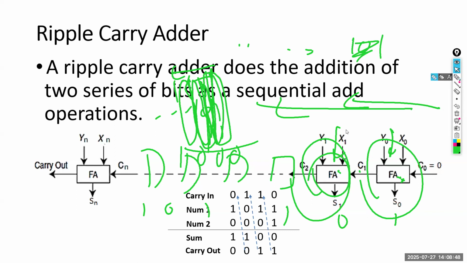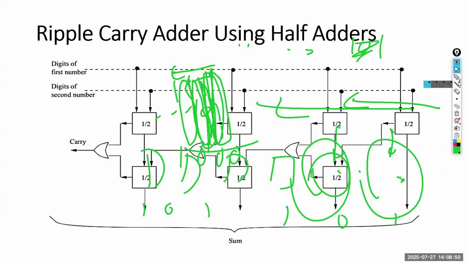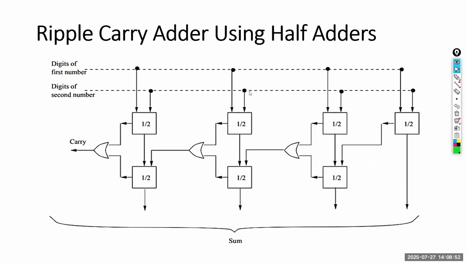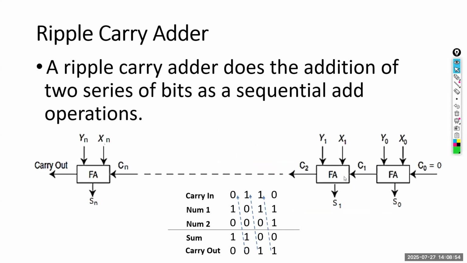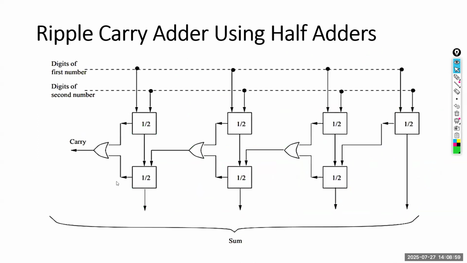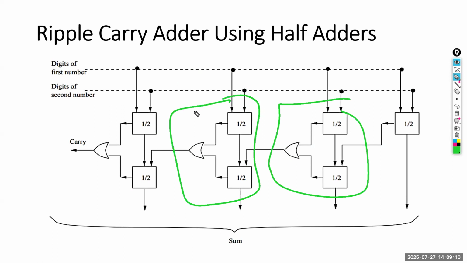We call it a ripple carry adder. Okay. So this is another way of looking at a ripple carry adder. This is a ripple carry adder using full adders. This is a ripple carry adder using a set of half adders and OR gates. So remember, this is a half adder. This is a half adder. So half adders can add.